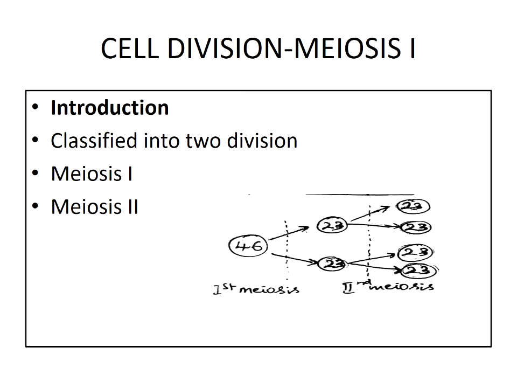The process of meiosis can be classified into two divisions, that is meiosis first and meiosis second. Meiosis first is a heterotypic division where two cells are formed that are different from the parent cells.